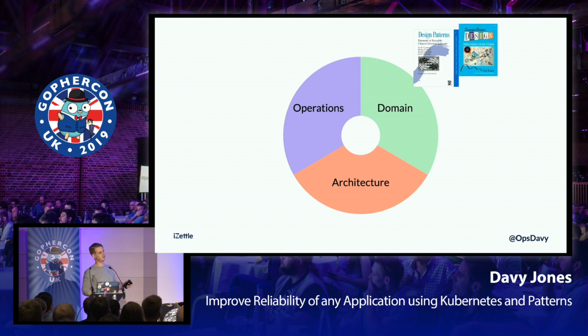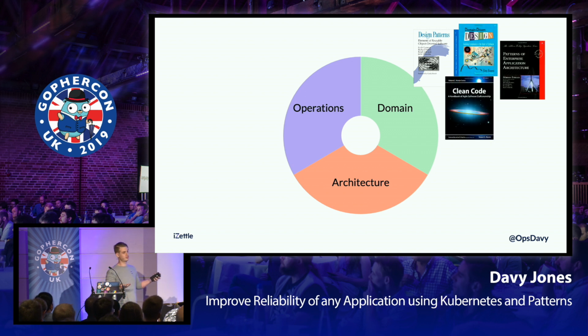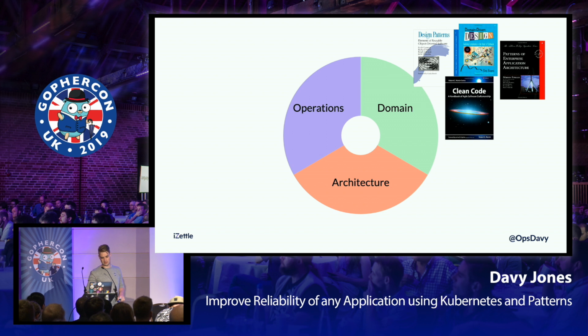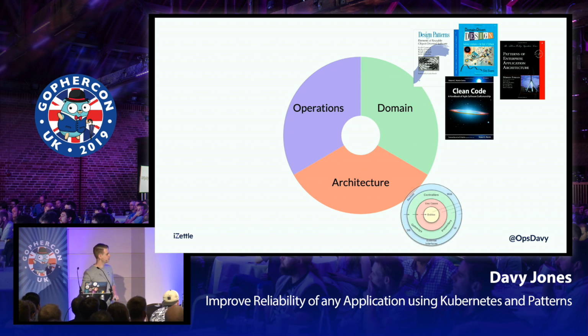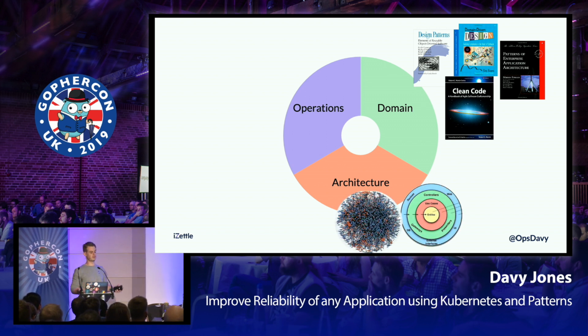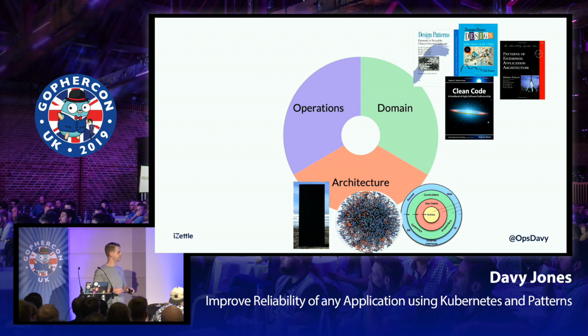So within the domain, you've got the object-oriented patterns, or the Gang of Four patterns, domain-driven design, Martin Fowler's book, Patterns of Enterprise Application Architecture, and Bob Martin's Clean Code. For architecture, you can build things using hexagonal clean architecture. You can build things as microservices, and even the humble monolith can allow you to manage that architectural complexity.